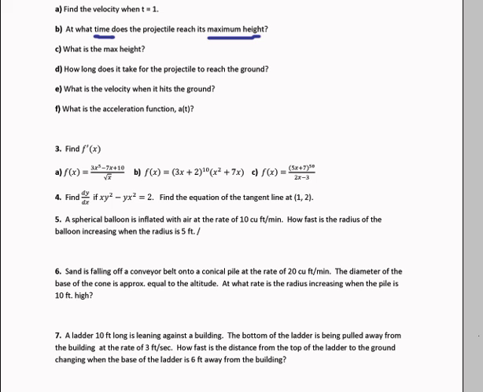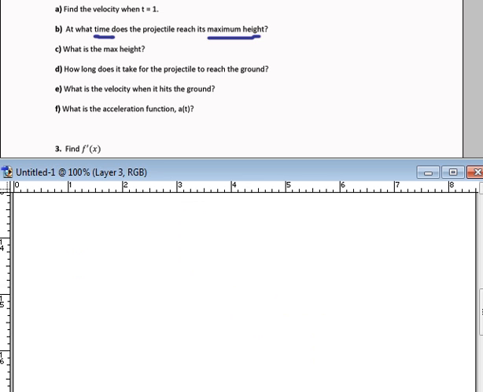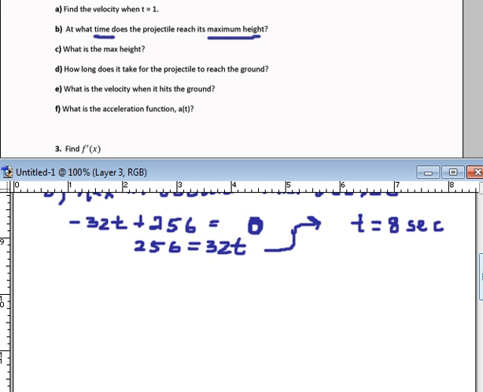All right, now we want to know what is the maximum height, right? What is the maximum height? So all we have to do is sub t equal 8 into s of t. S of t gives us actual distances or actual heights, so it's the value of s of t that we're interested in.